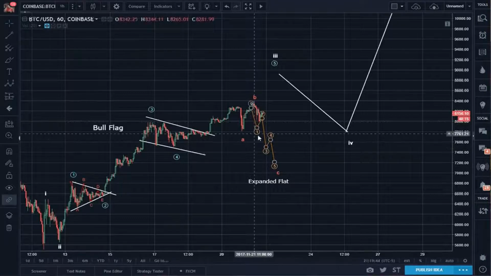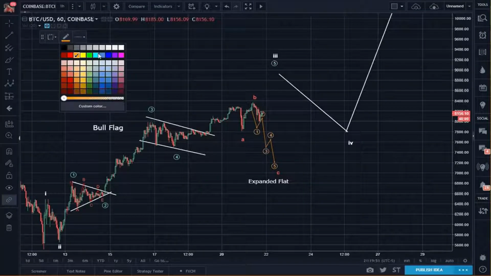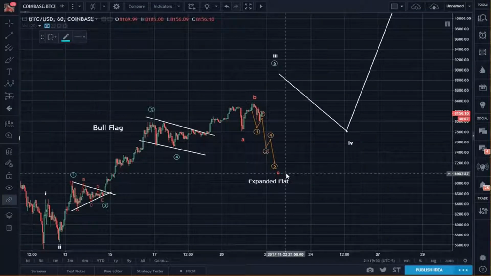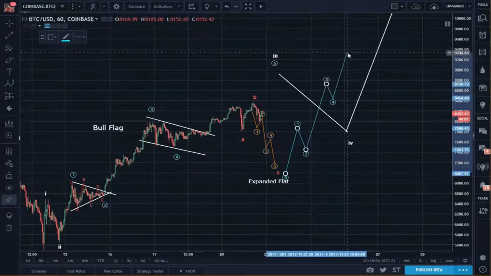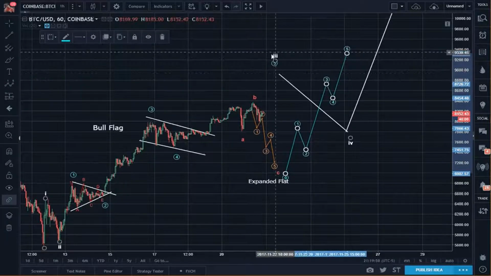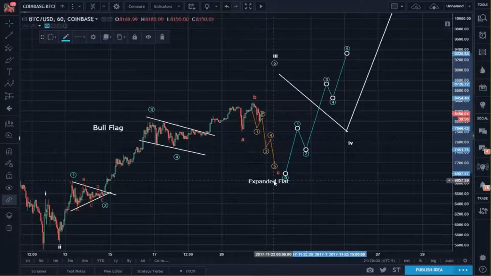And if this actually happens, after the correction is complete, we could expect an impulse up to where it was supposed to be. So even if it goes this way, I think the destination is the same.